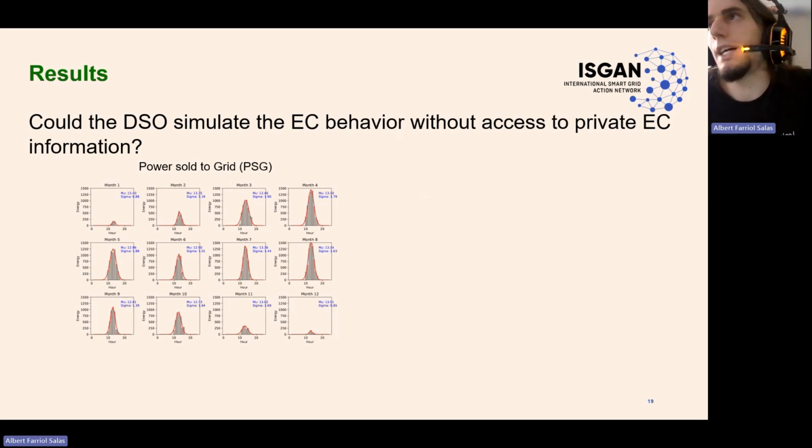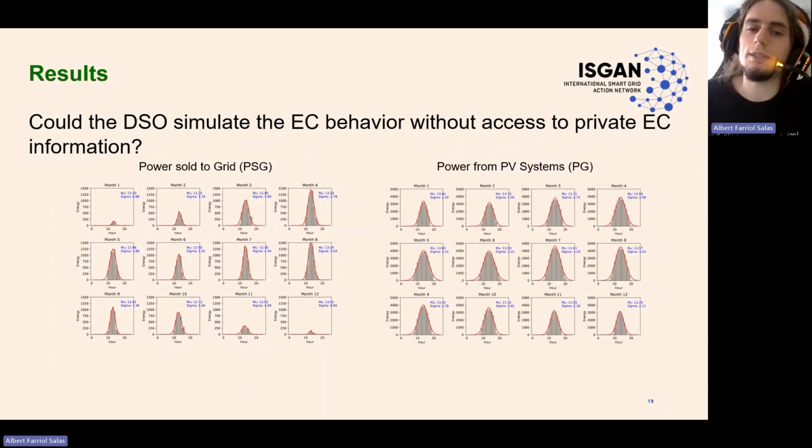You want a lower sigma basically, so you know when the hours are exact. But you want this, but you cannot have this. But you can also describe the power from the photovoltaic system, and as you can see, these are not the same. They are very different, but they act very similar.